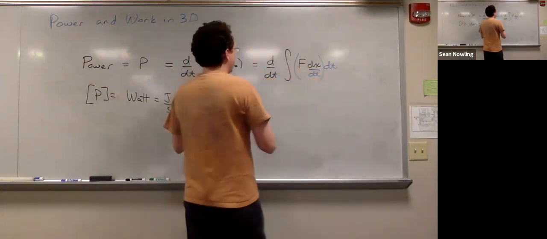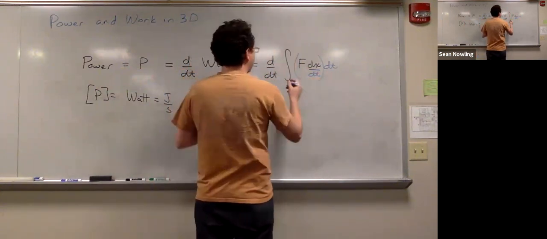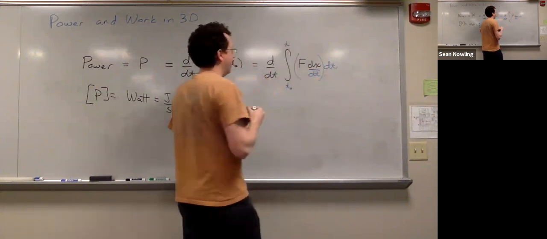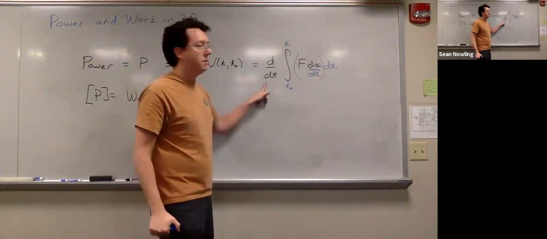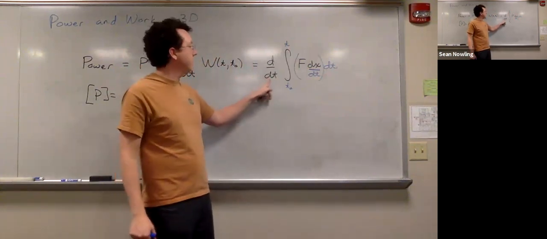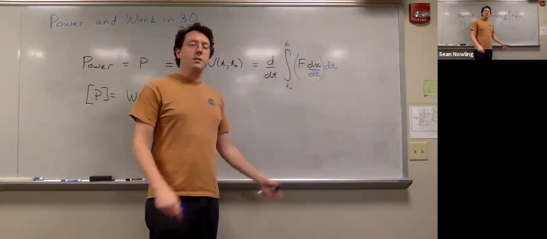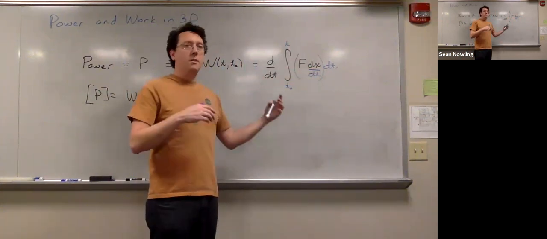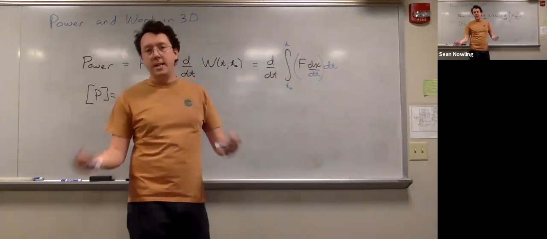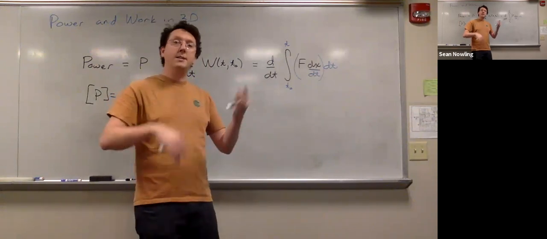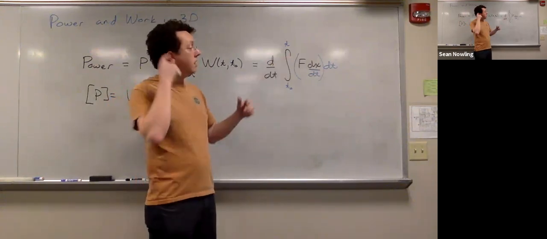Now instead of integrating over x initial to x final, I'm going to integrate over time initial to time final. And now I know how to take the derivative, because what I have here is a derivative of an integral. It's like doing the derivative of the integral of t. Well, the integral will be t squared over 2, and the derivative turns it back into t. The derivative and integral undo each other.